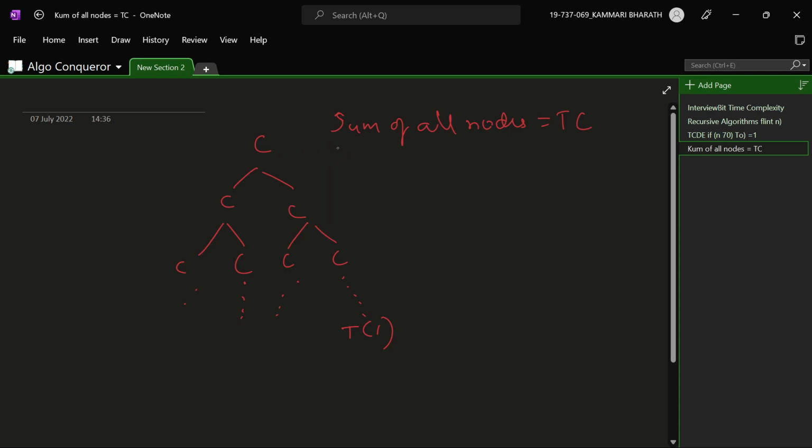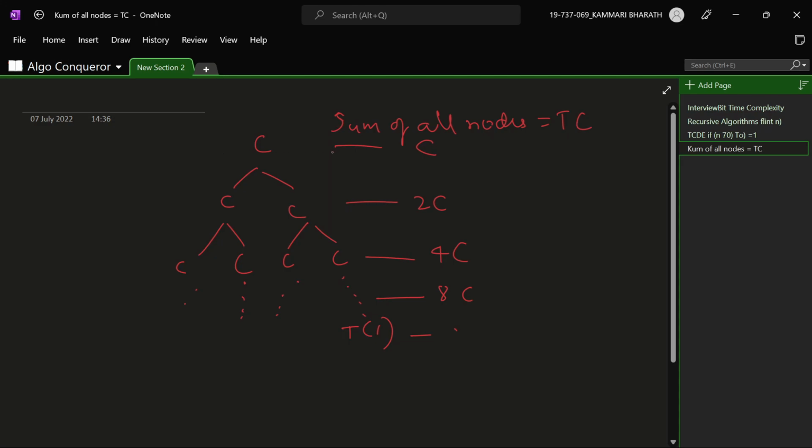Let's go level by level. The first level has C, and the second level gives us 2C, and the third level gives us 4C, and then 8C, and so on. Right? How do you generalize this?